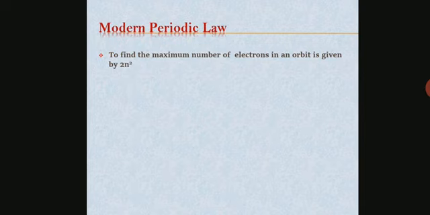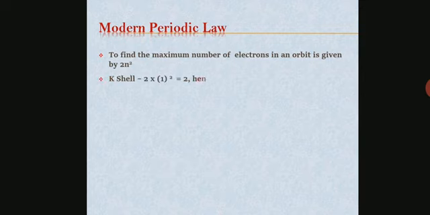If we want to find the maximum number of electrons in the first orbit, n equals 1, where n gives the number of the orbit. So if n is 1, that means the first orbit, you will find the maximum is 2 electrons. That means the capacity of the first orbit is 2 electrons.